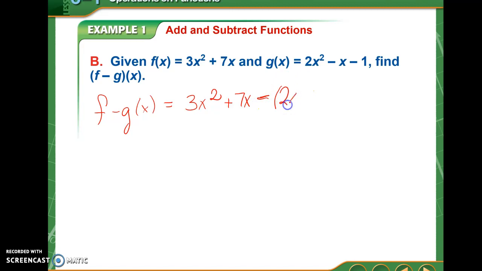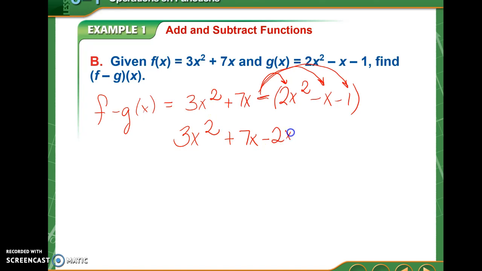We're going to put that in parentheses because we want to remember that subtracting is subtracting every term. So I'm going to subtract the 2x squared, subtract the negative x, subtract the negative 1. So I'm going to, in a sense, distribute this negative 1 here to everything. So I get 3x squared plus 7x minus 2x squared plus x plus 1.